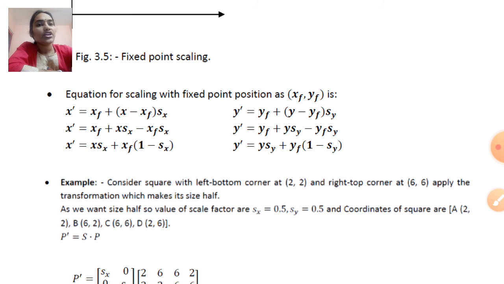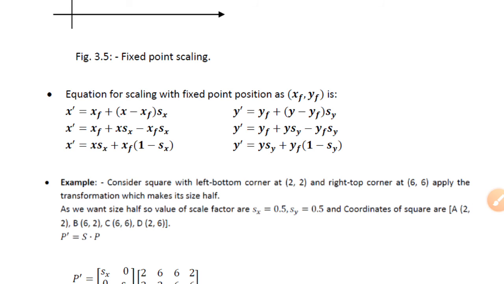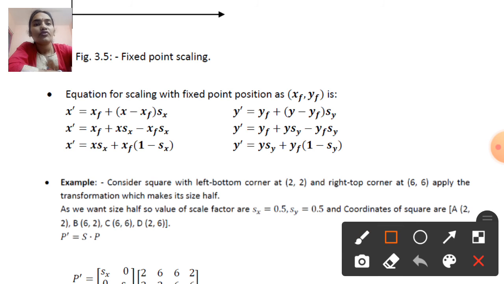If we take xf common from xf and xf sx, we get x sx plus xf into (1 minus sx). So this is your final x dash value. In this way we can also calculate y dash.